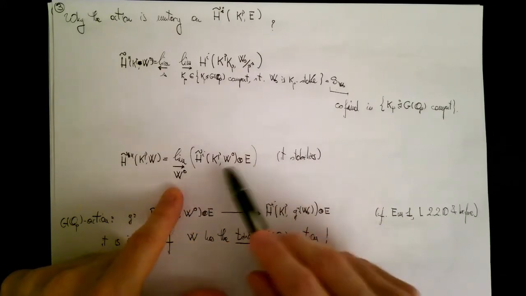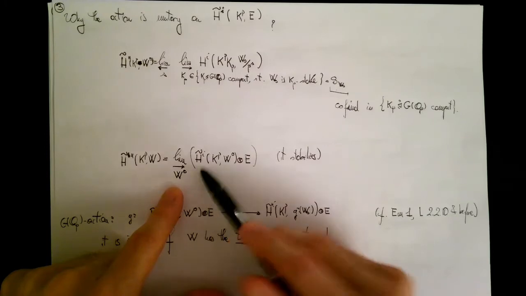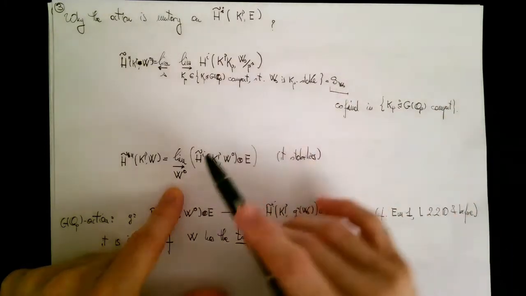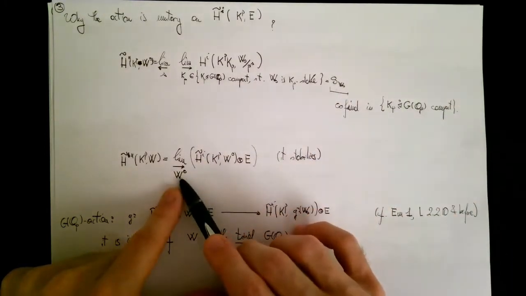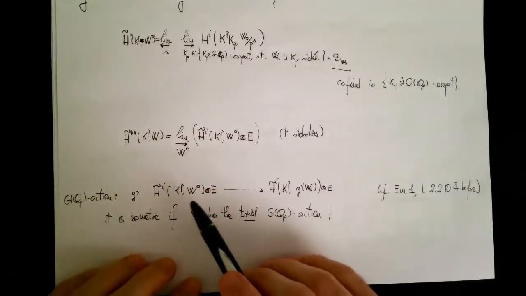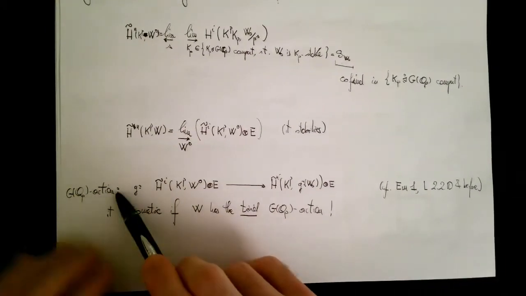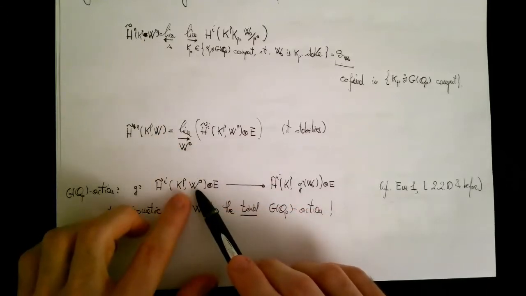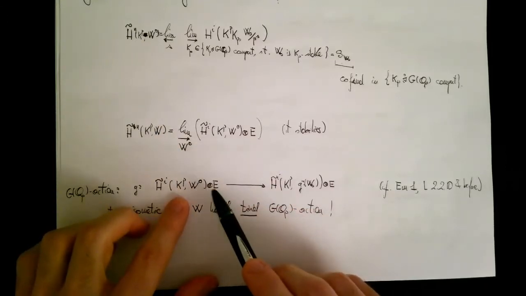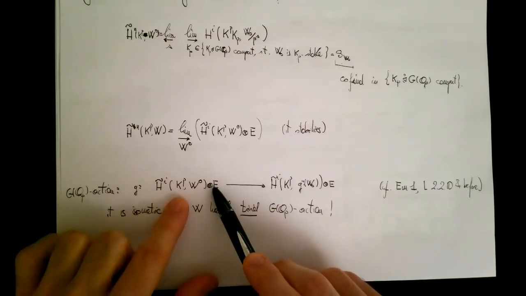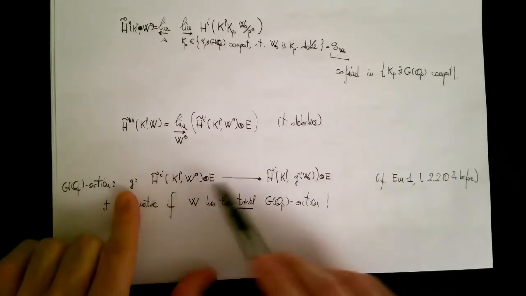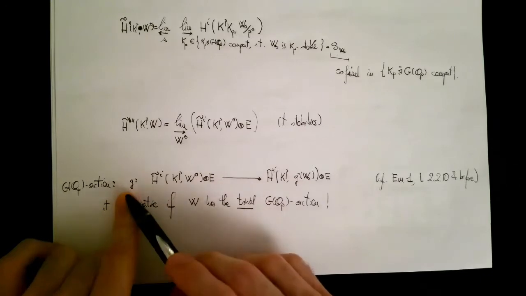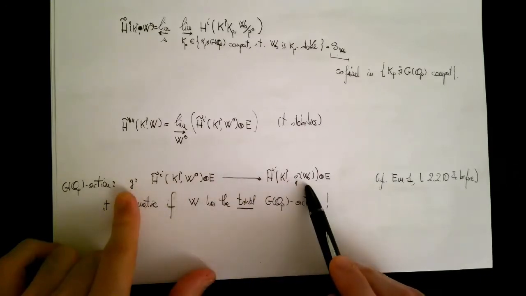The point is that this direct limit eventually stabilizes, but you have to take the limit over all lattices. And why is this important? Because the G(Q_p) action on this space, when you put rational coefficients, is given as follows. You are changing the lattice. When you multiply by g, you change the lattice.